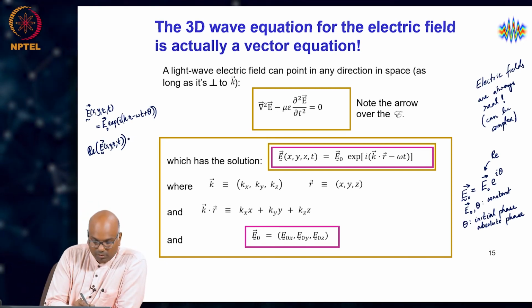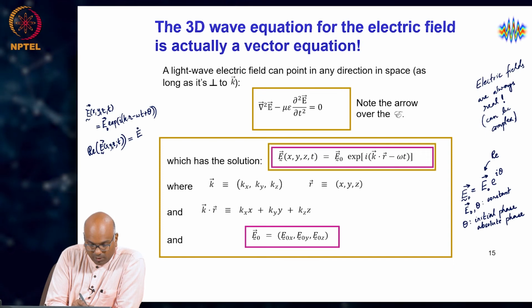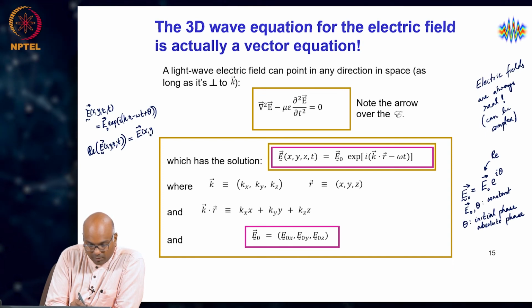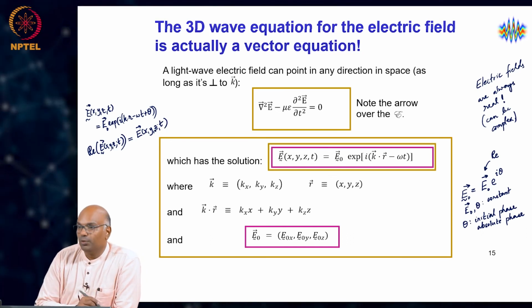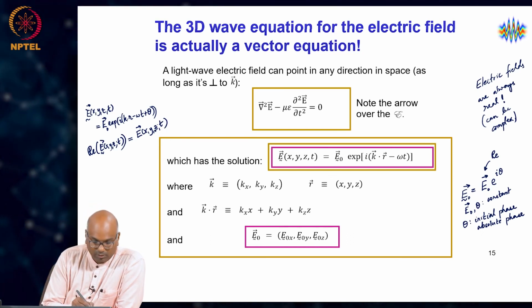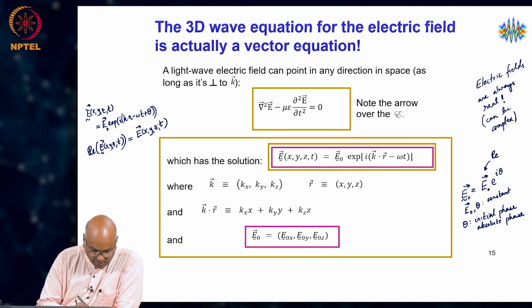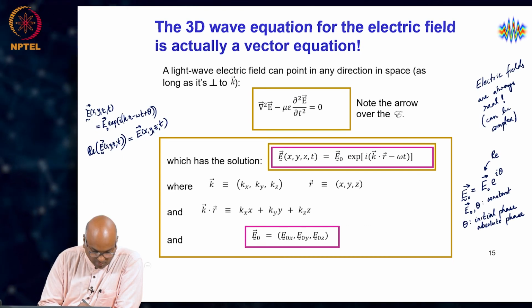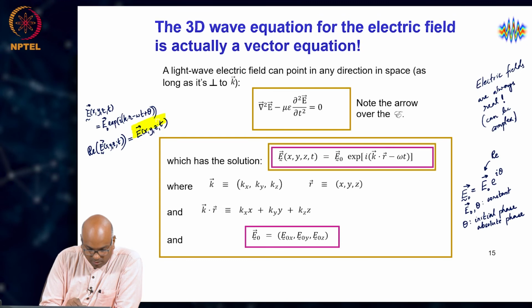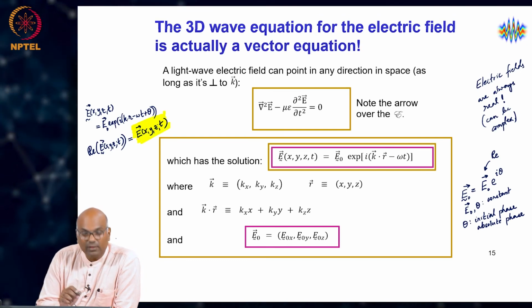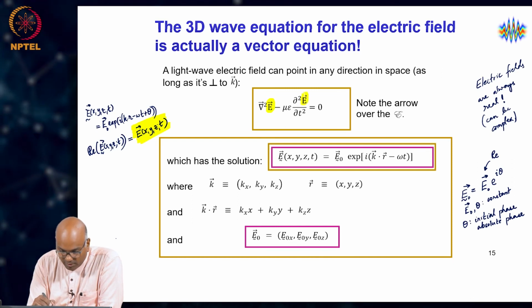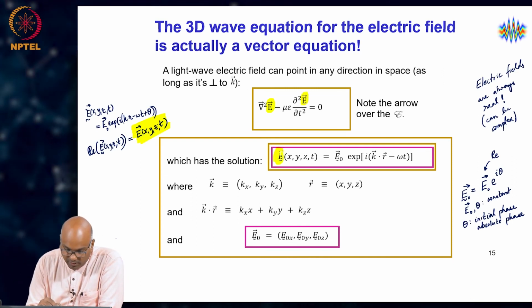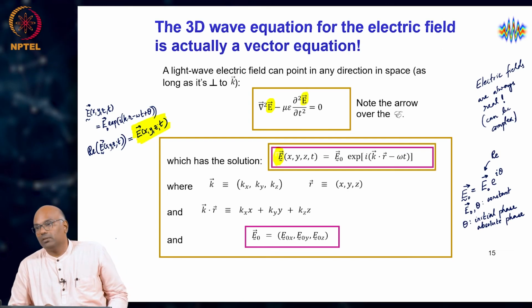This is equal to E of x y z t, which is my solution. So, in that sense, this E vector is the solution to the wave equation. This E vector is this E vector, whereas E tilde is notational convenience.